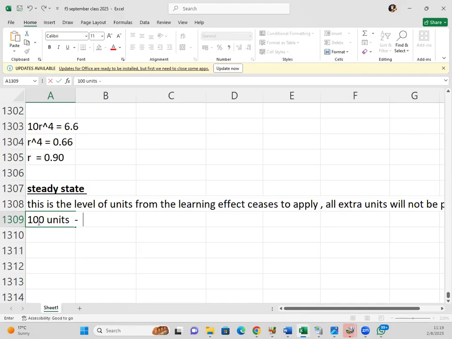So from the first unit up to 100 units, each unit will be taking less time. But after reaching the 100th unit, all the additional units will not be taking less time.